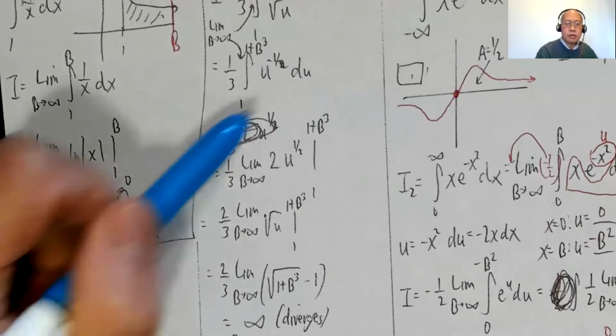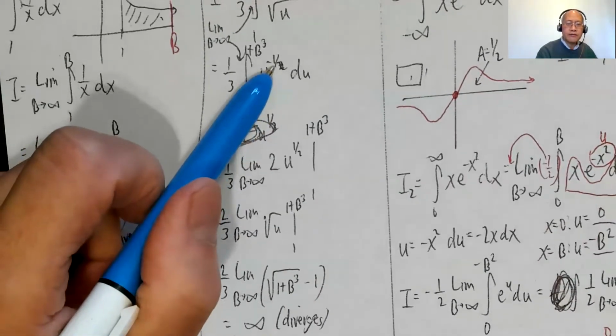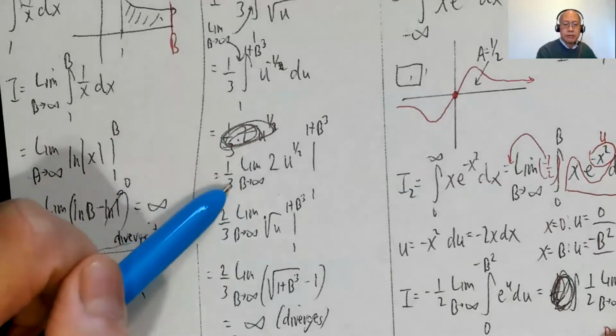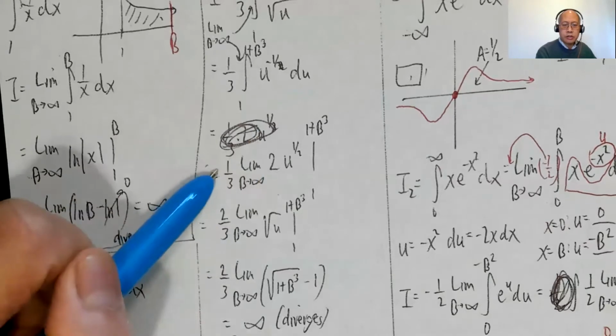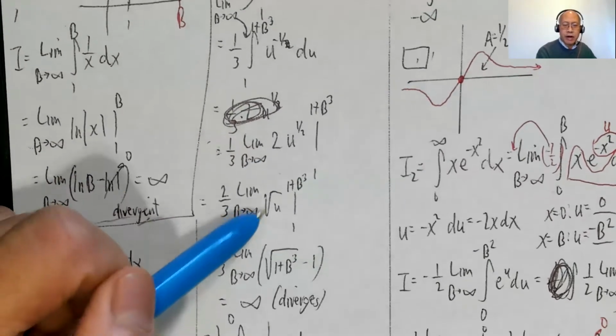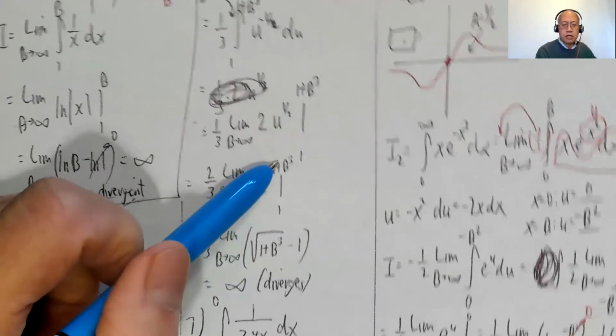All right, so 1/3. The integral is u to the 1/2 divided by 1/2, which means times 2. Limit as b approaches infinity. Take the 2 out. The 2 can join the 1/3: 2/3, limit as b approaches infinity. U to the 1/2 means radical u from 1 to 1 plus b cubed.